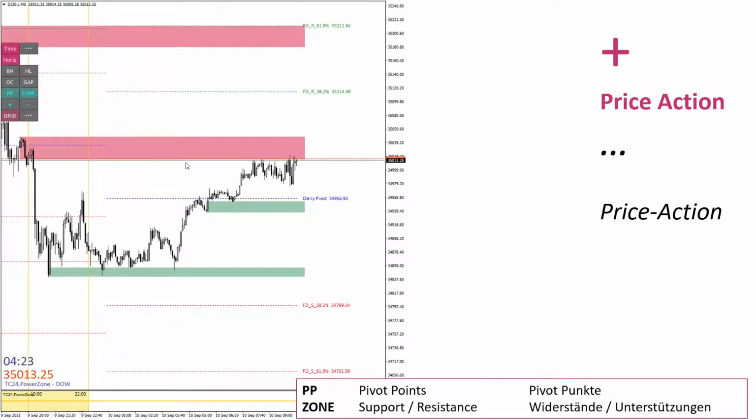And I talked about supports and resistances. They are drawn in red and green color.